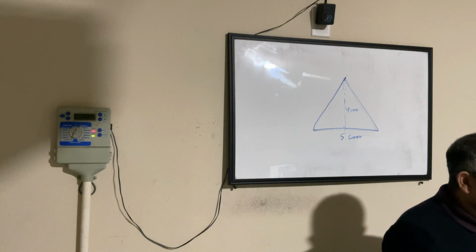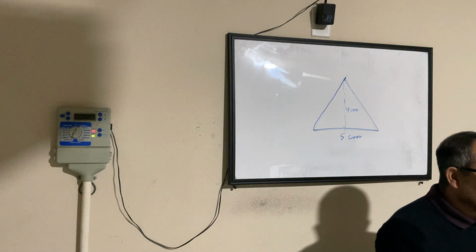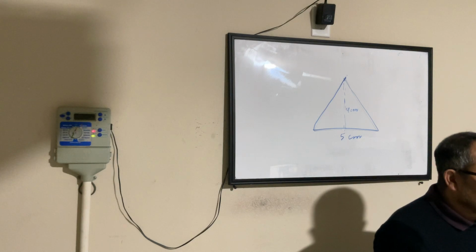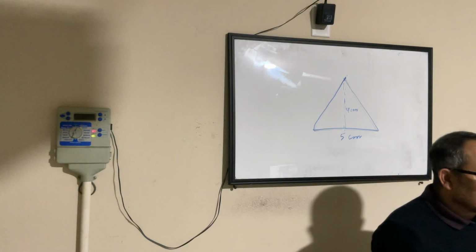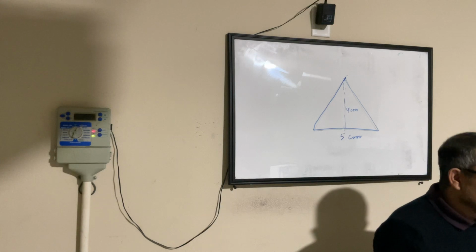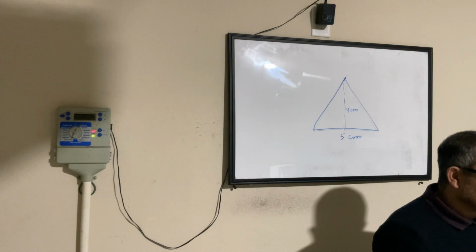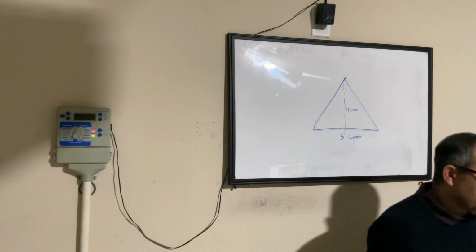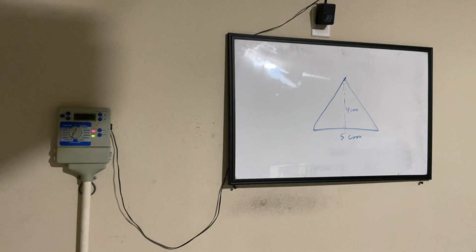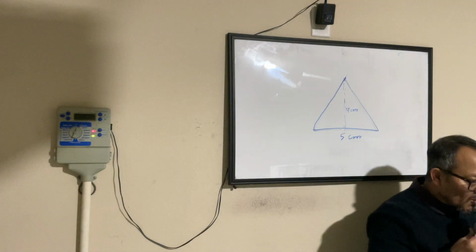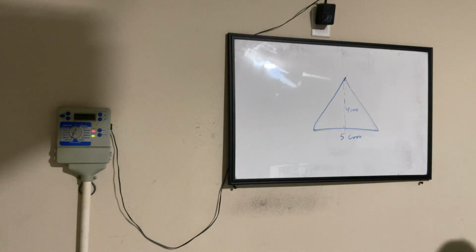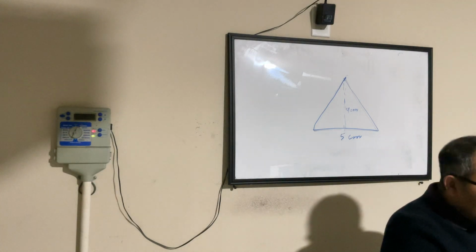Tell me what was the area and what was the perimeter? For the area, I got 17. Okay. And for perimeter, I got 20. Okay. So now let's see.